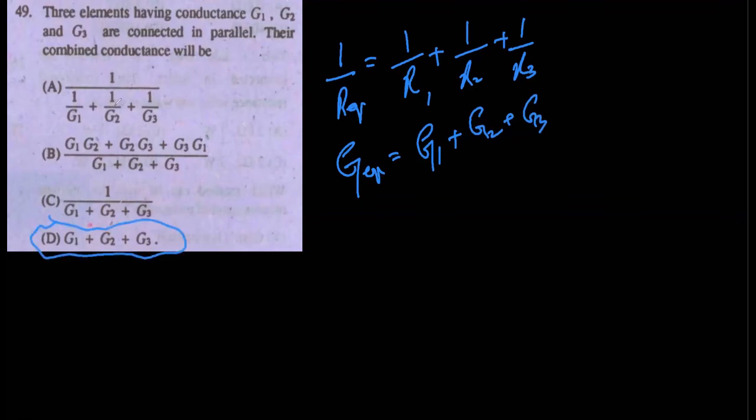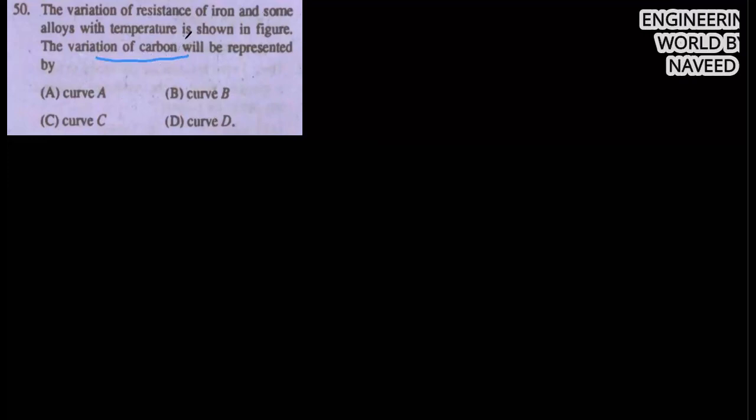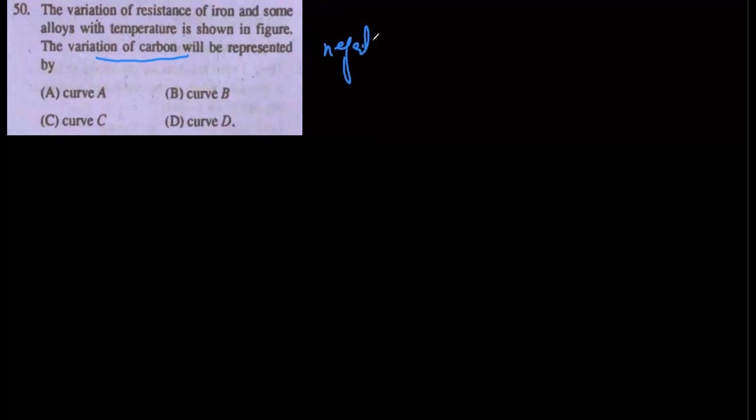Okay, next MCQ is: the variation of resistance of iron and some alloy with temperature is shown in the figure. The variation of carbon will be represented by curve A, curve B, curve C, or curve D. So we need to find the variation of carbon, and carbon is a semiconductor. So a semiconductor has a negative temperature coefficient.